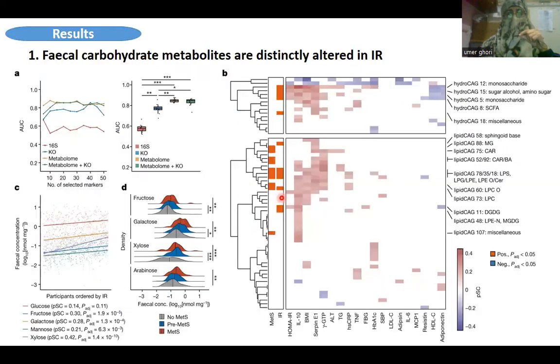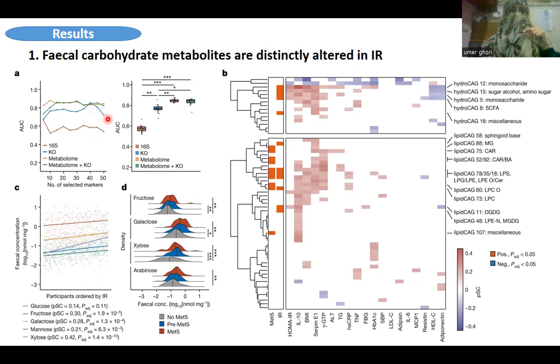So it comes to results. This graph shows that fecal carbohydrate metabolites are distinctly altered in insulin resistance. To examine how omics data of fecal samples can predict insulin resistance, areas under the receiver operating characteristic curves on the basis of random forest classifiers were compared.